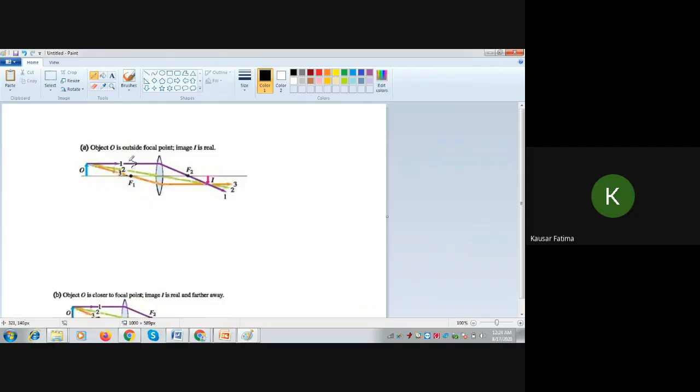This is the first ray going parallel to the principal axis. I will redraw it for you here. I will delete all the unnecessary things.